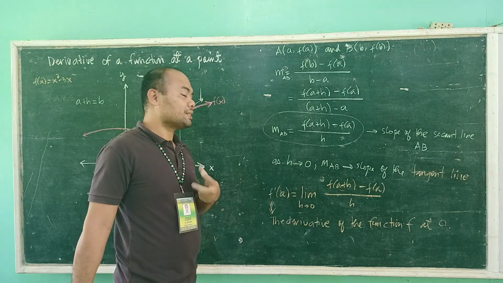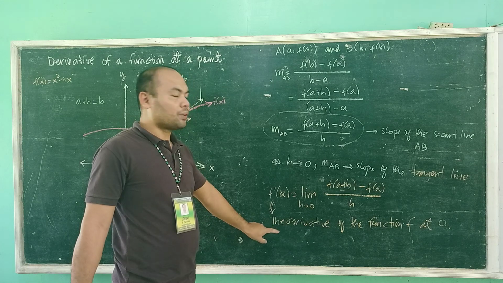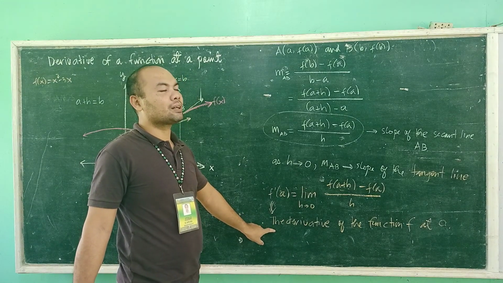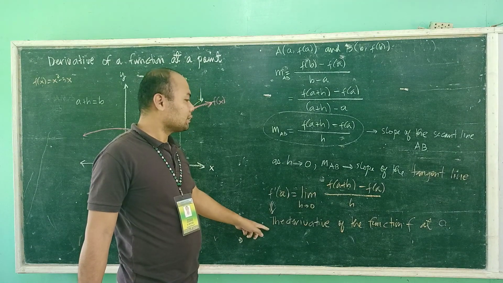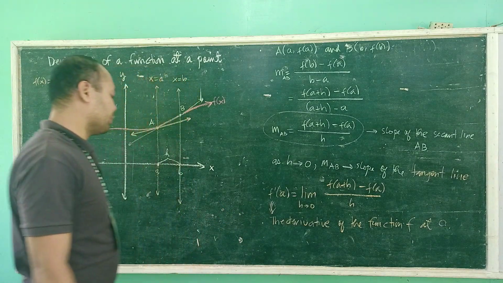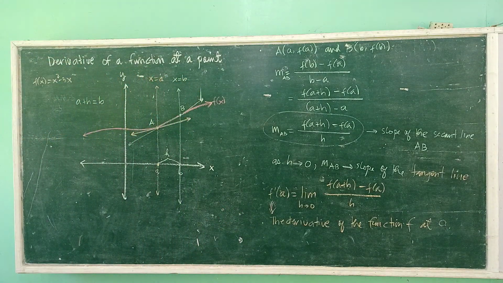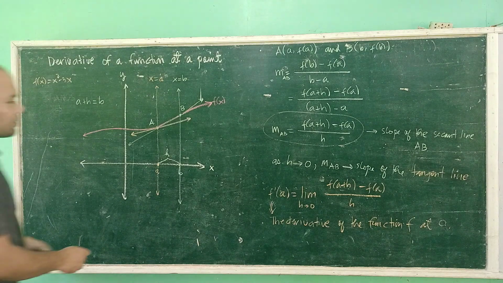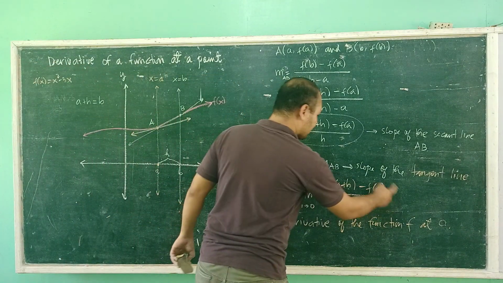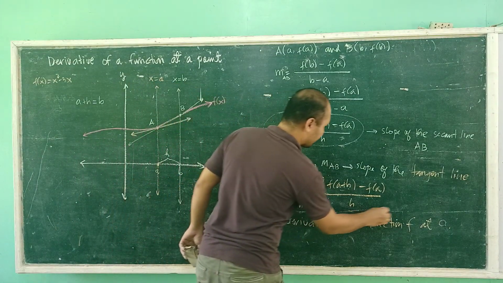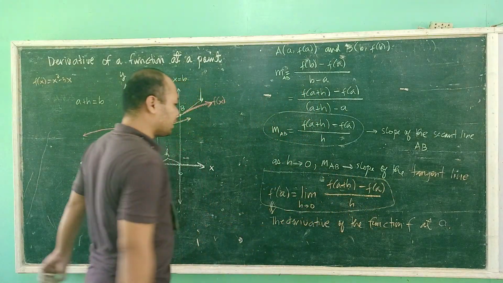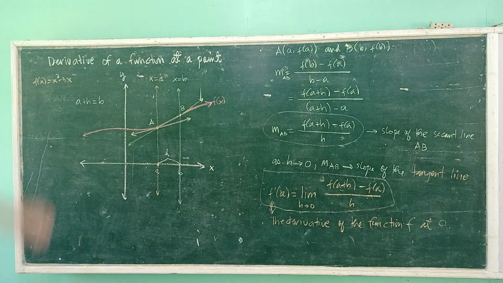Yeah, they are just the same. The derivative of the function at a is actually the slope of the tangent line at a of f. So let us make use of this definition, the derivative of the function at a. This is a very important relationship.